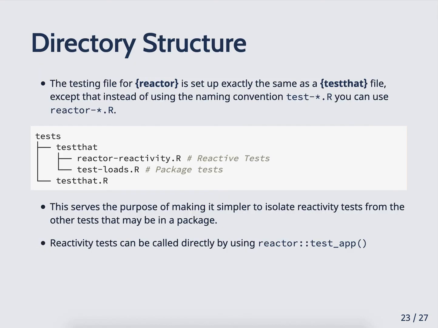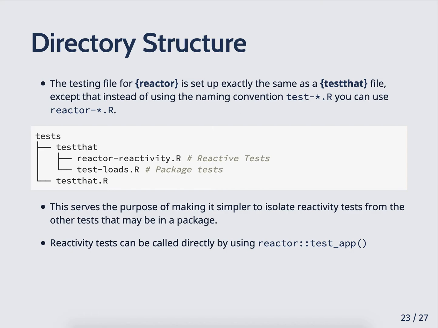What does a testthat structure look like? With Reactor, it's set up exactly as testthat, in the same subdirectories. The only difference is that the tests that you're going to run with the Reactor are going to be using the reactor file name structure. This serves the purpose of making it simpler to isolate reactivity tests from other tests that may be in the package.